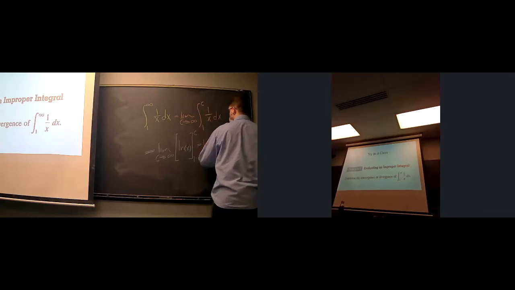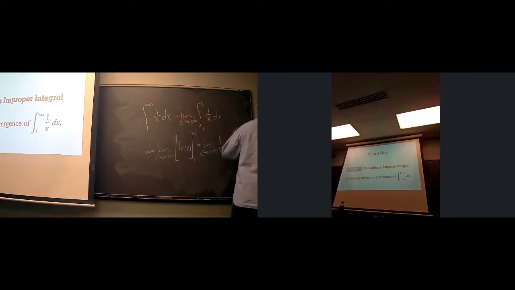which is going to be the limit as c goes to infinity of the ln of c minus the ln of 1. What's the ln of 1? It's just going to be 0, right? Another way we can see that is by applying our properties of logarithms.